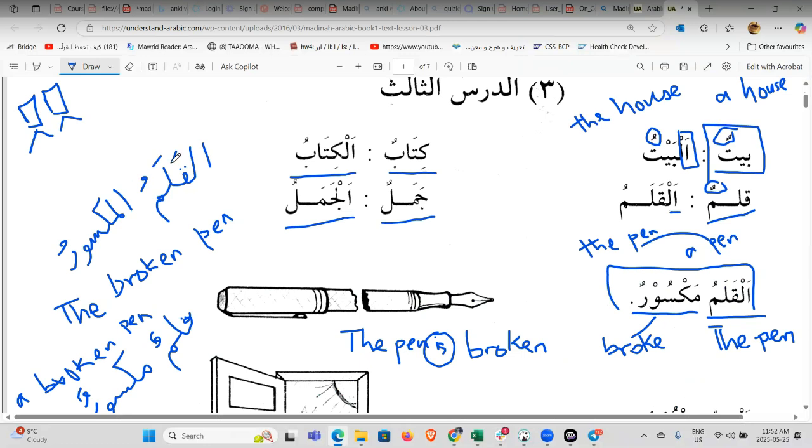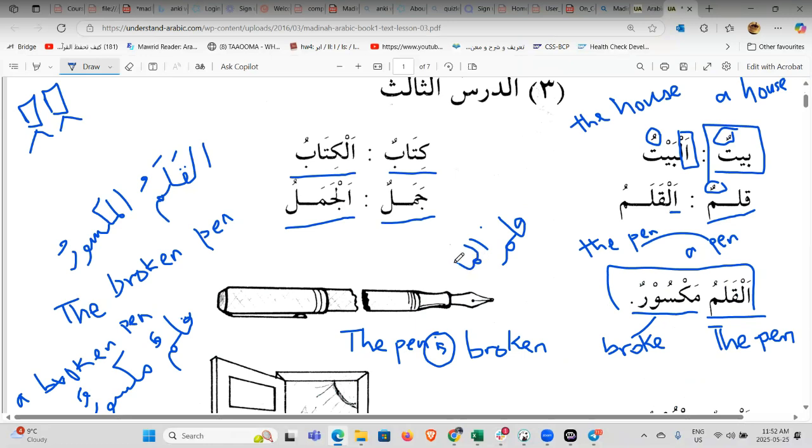So we're looking at three of the possibilities. The last possibility is to have no alif and lam on the first word, and then to have it on the second word.